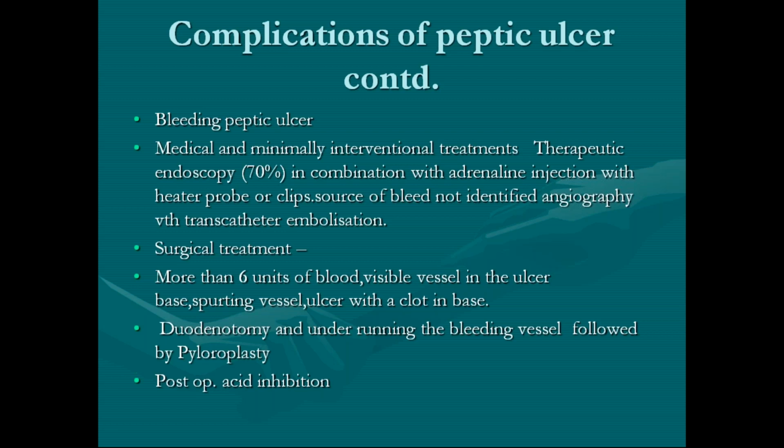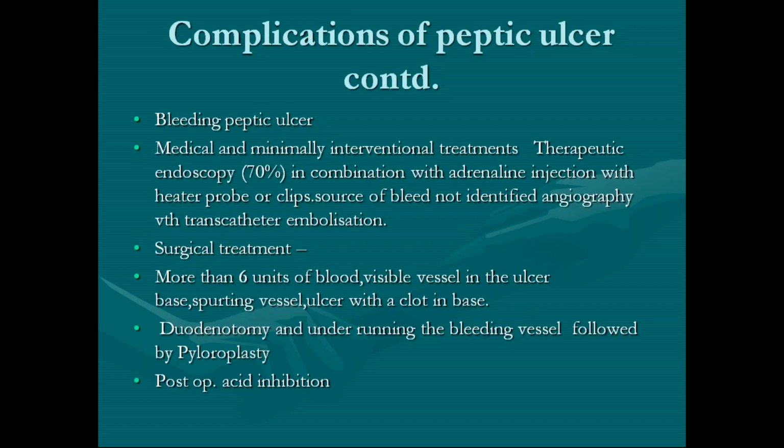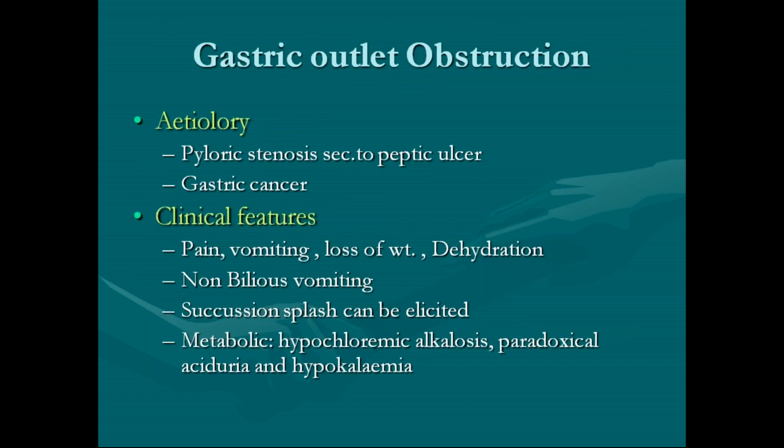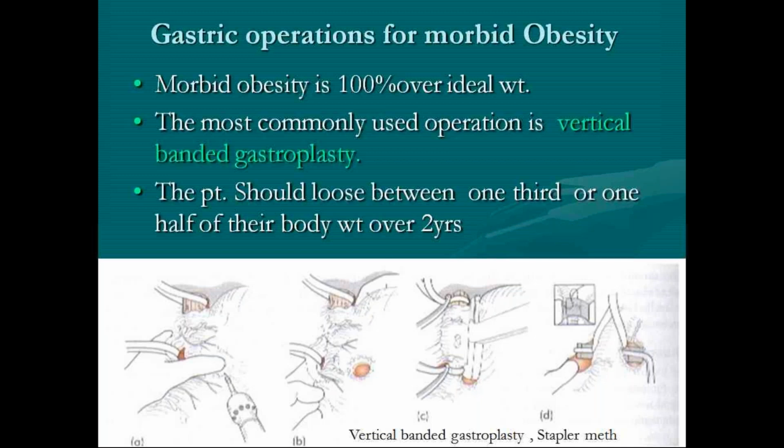Next class we will do bleeding and, other than peptic ulcer, the different causes of upper GI bleed, then gastric outlet obstruction. If it is finished in time, we will close it, or we will start with CA stomach.